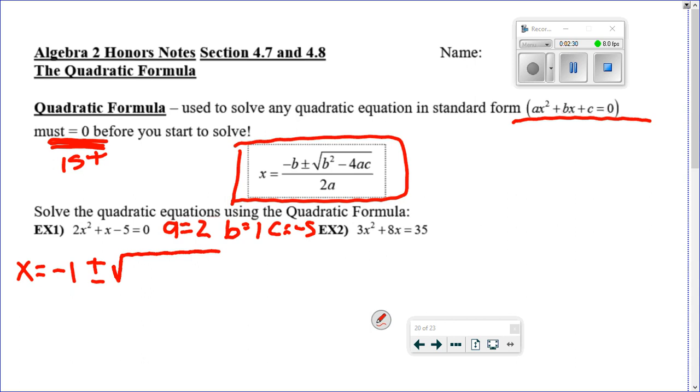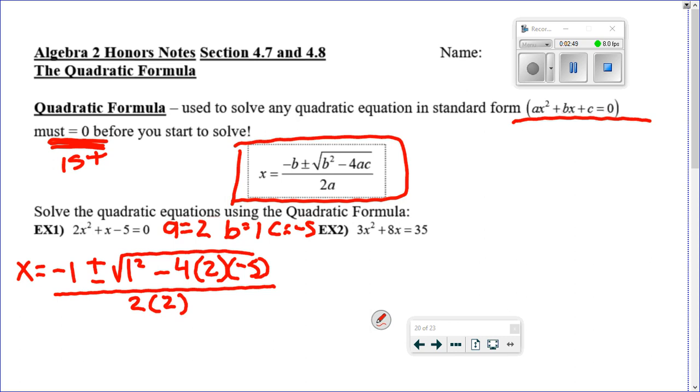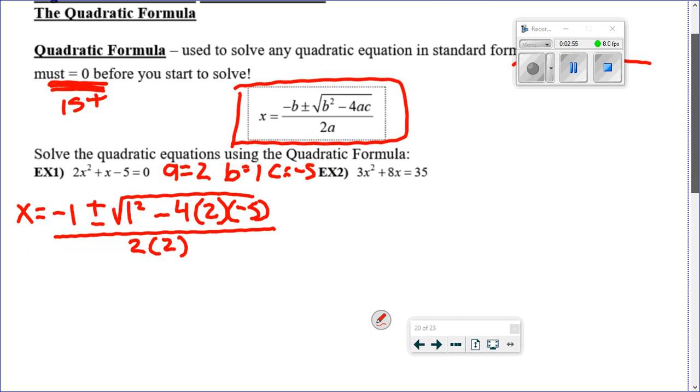We have the square root. Inside our square root, we will have our b, which is 1 squared, minus 4 times our a value of 2 times our c value of -5, all over 2 times a, which is 2. So that should be your setup for the quadratic formula for question 1.